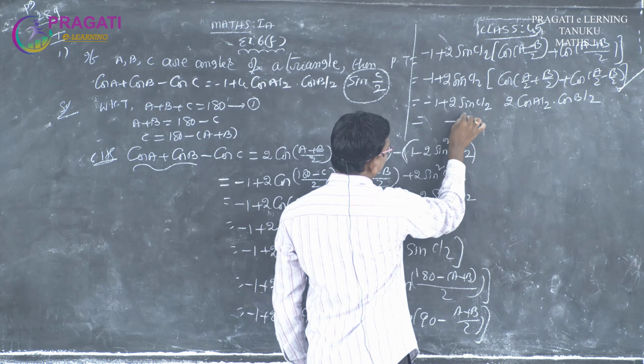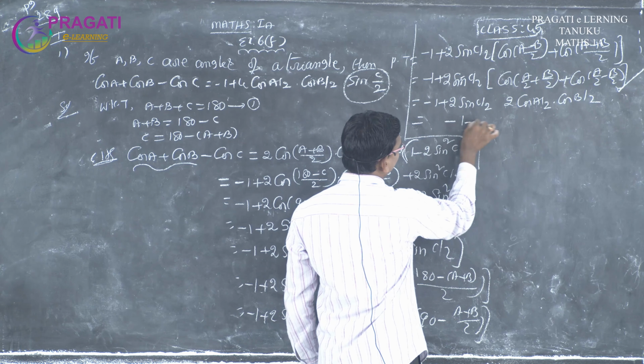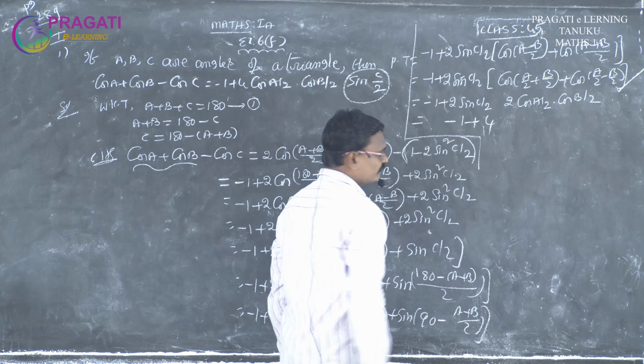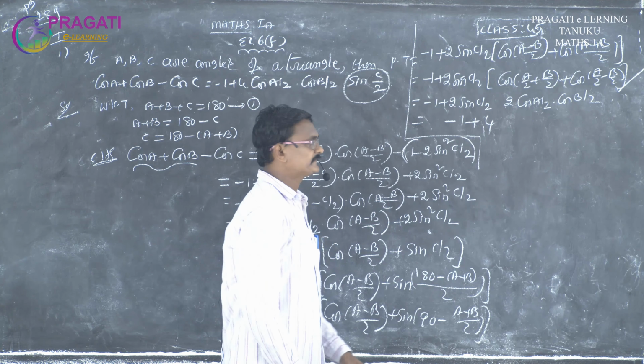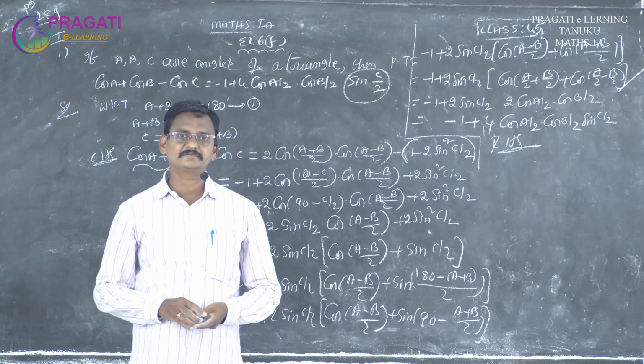So finally minus 1 plus 2 into 2, 4, in order: angle A cos A by 2, angle B cos B by 2, and angle C is sin C by 2. So this is only the RHS. We will do some more problems in the next class.